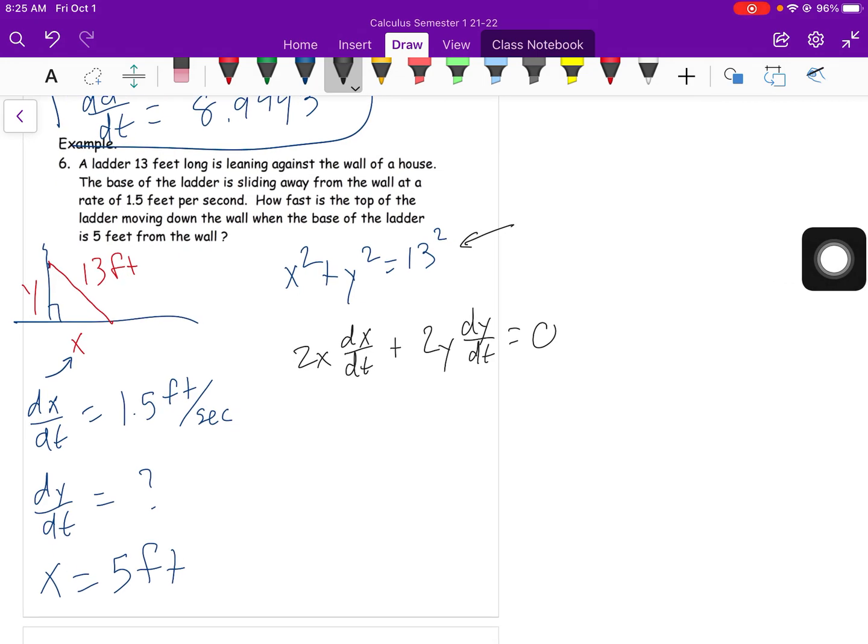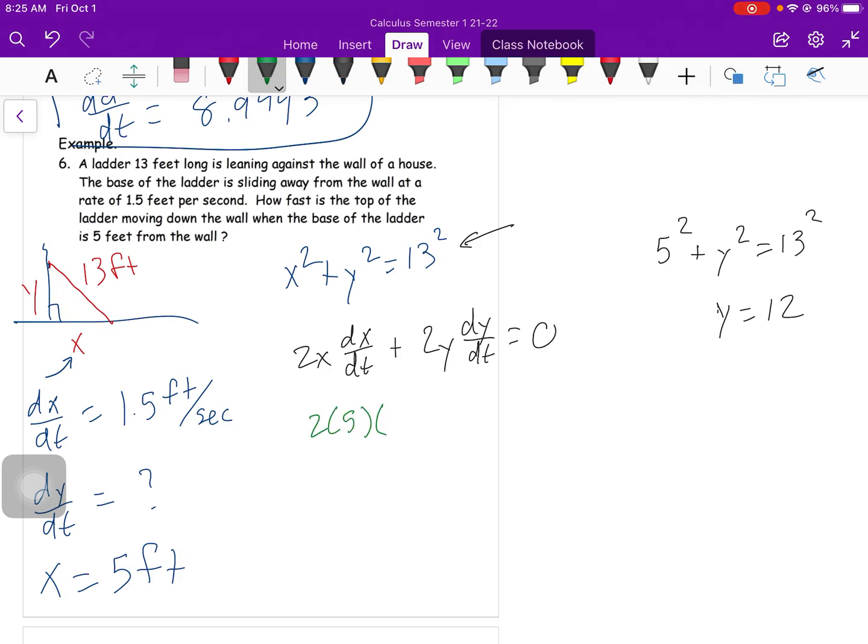So now I want to figure out what the y value of this triangle is going to be at x equals 5, so I'm able to plug a number in for y. Well, if x squared is 25, I need this to be true. If you remember your Pythagorean triples, you can know that y is 12. Otherwise, you'd have to take 169 minus 25 and square root both sides. But now I can plug stuff in.